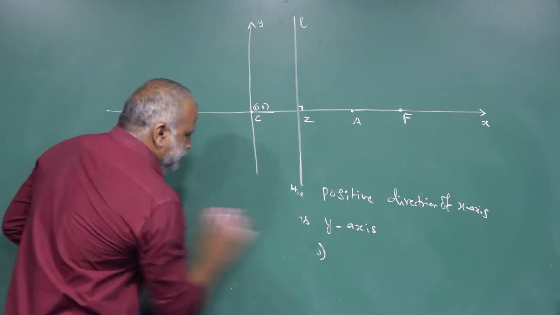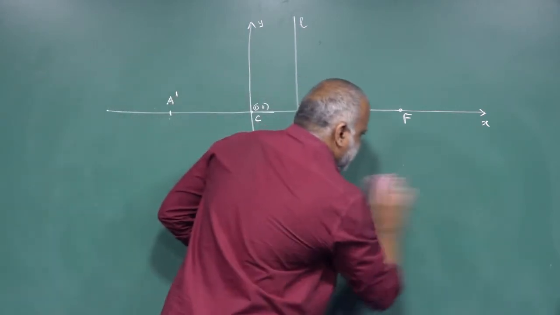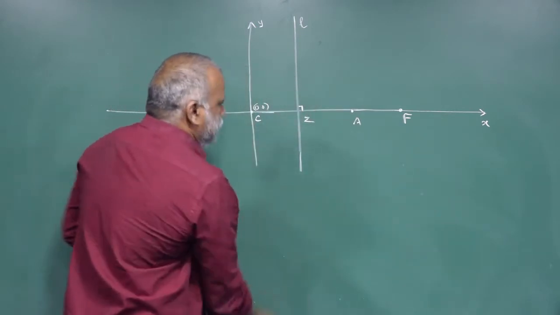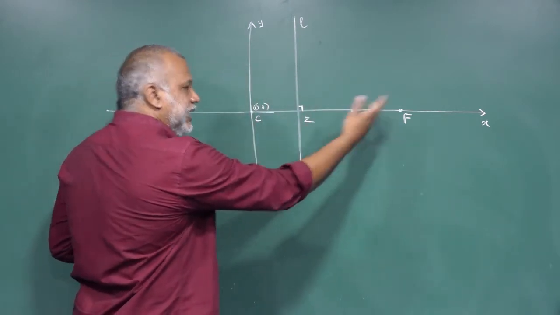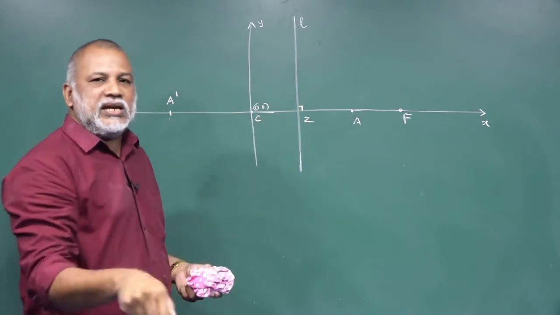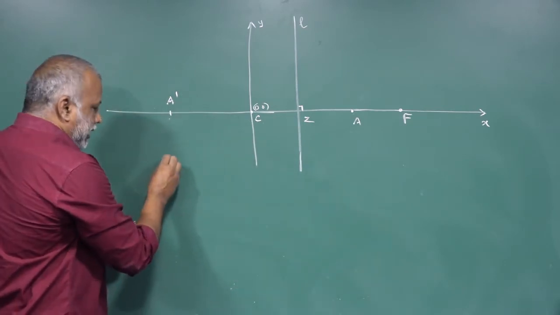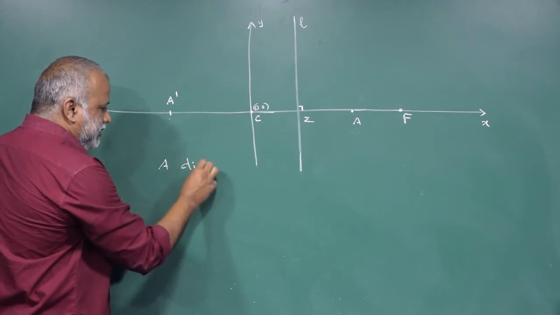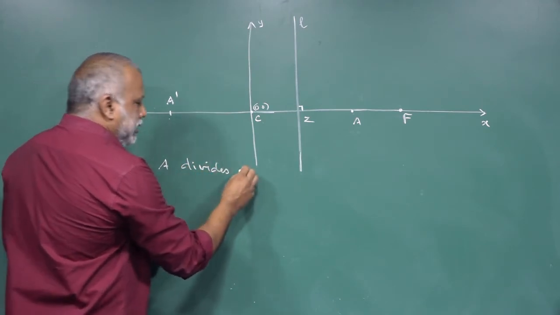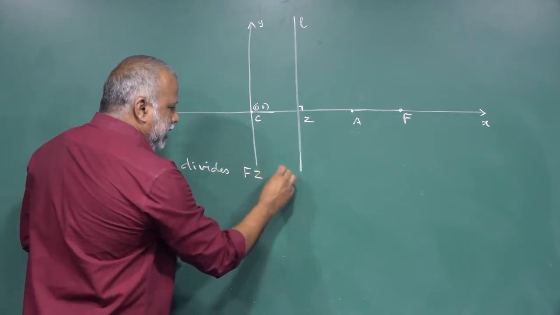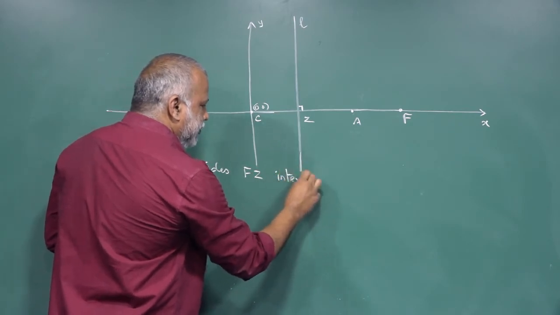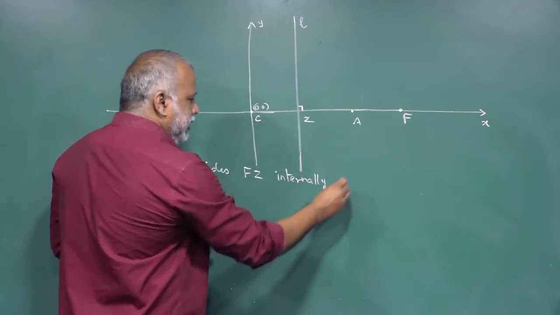Now listen. See this concept now. A divides FZ internally in the ratio e is to 1. Already we explained this one.